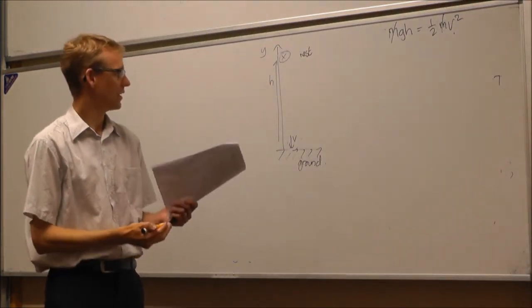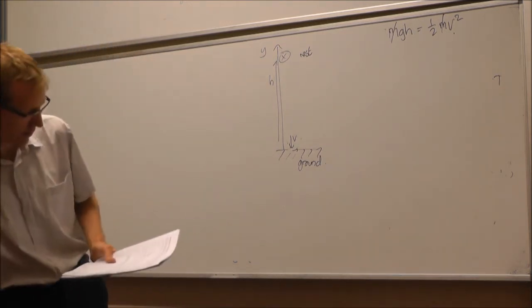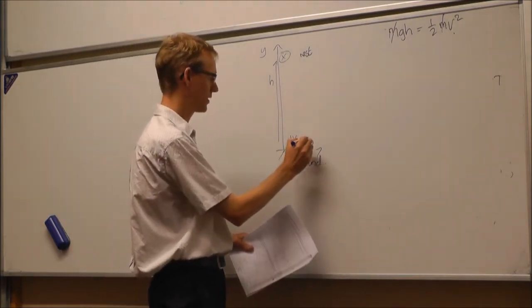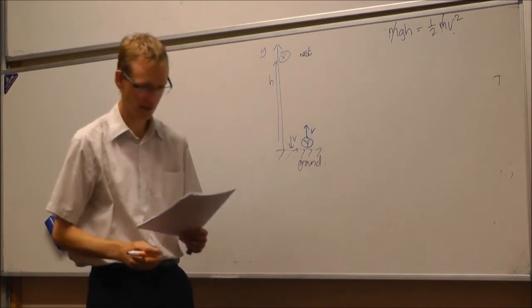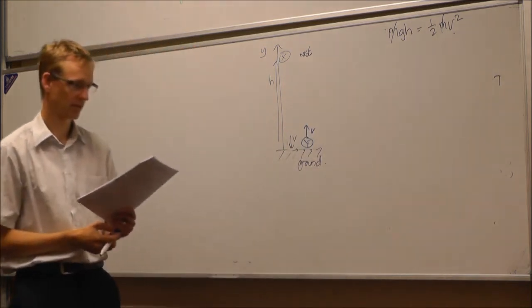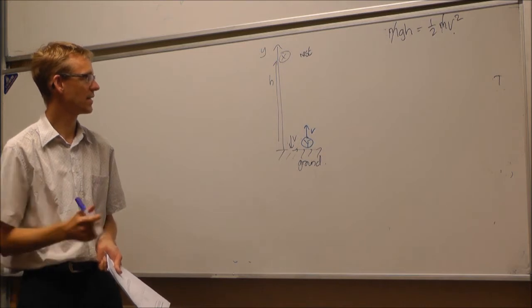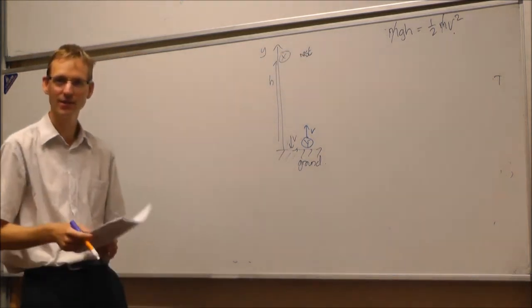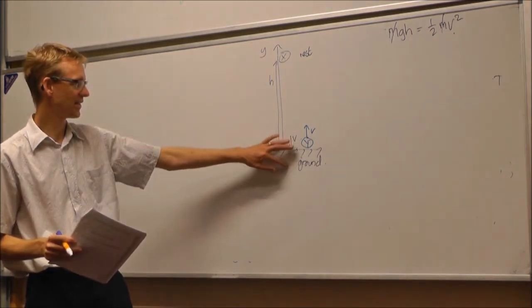At the same time, ball Y is launched straight up from the ground at speed v, and it's going to get to exactly the same height as that one, because this is the exact opposite.